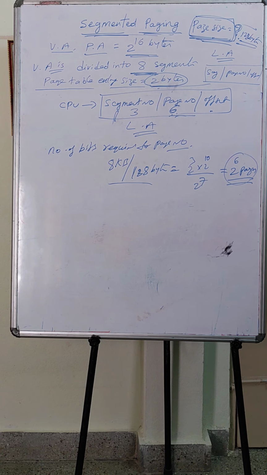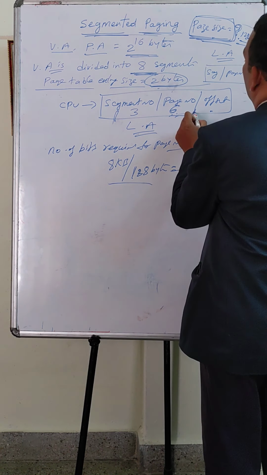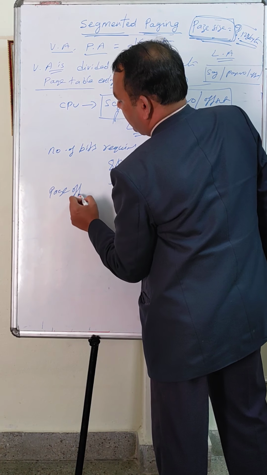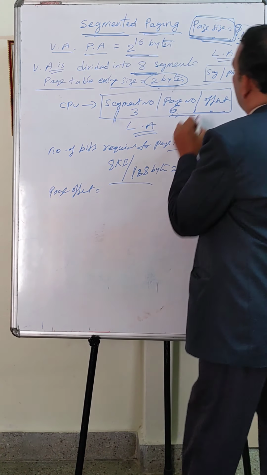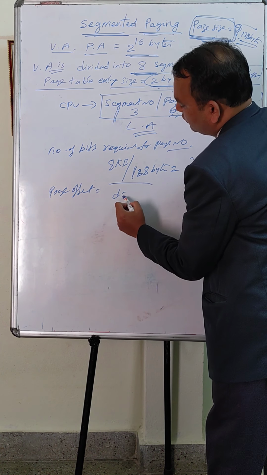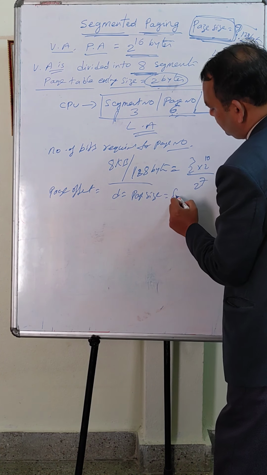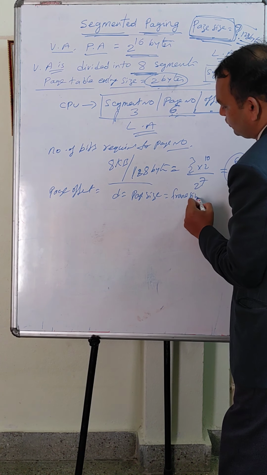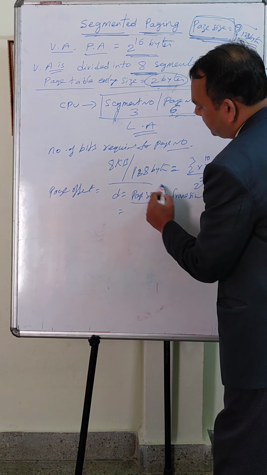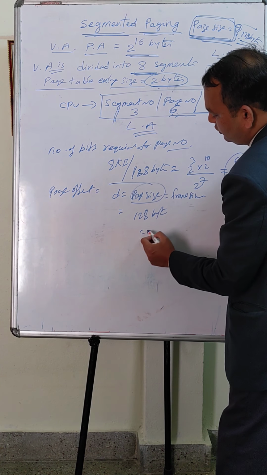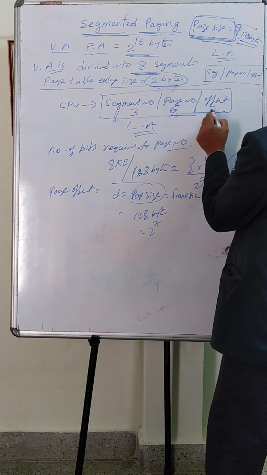Number of bits for page offset. Page offset, what is the d? d is equal to page size, which is equal to frame size. What is the page size? 128 bytes is equal to 2 power 7. So 7.